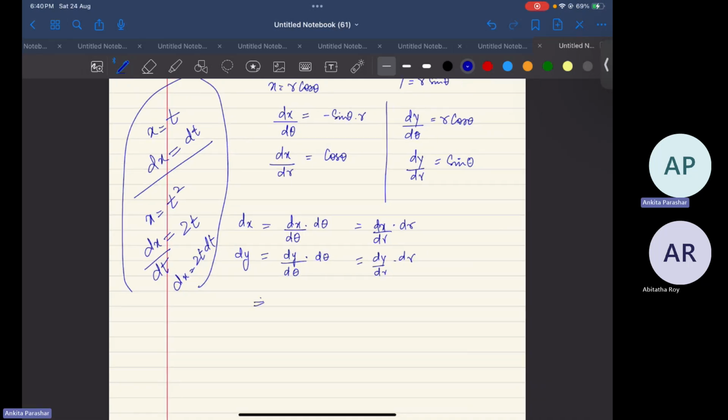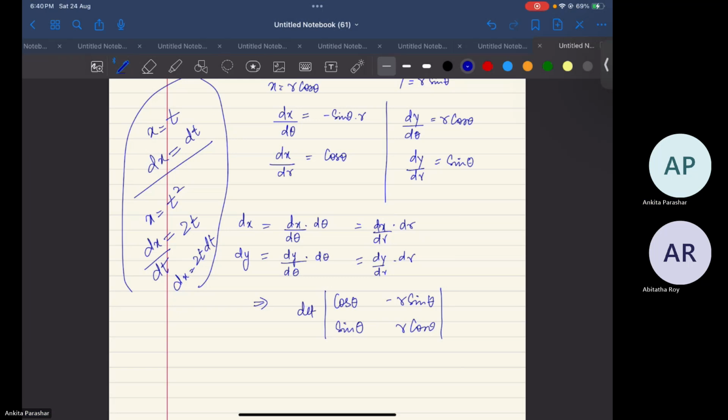Okay, so let's follow the same convention. You have to write del x by del r, or whatever the convention is: cos theta, minus r sine theta, and then sine theta, and r cos theta. Take the determinant.